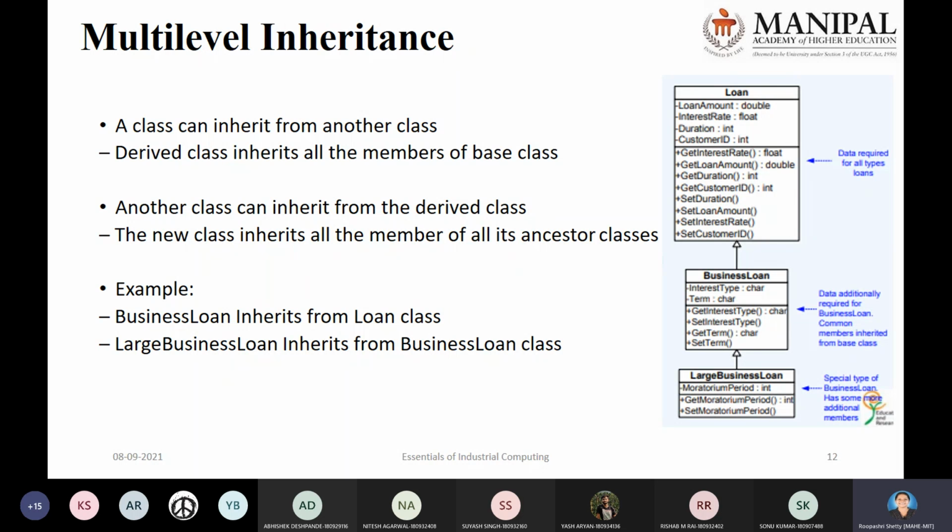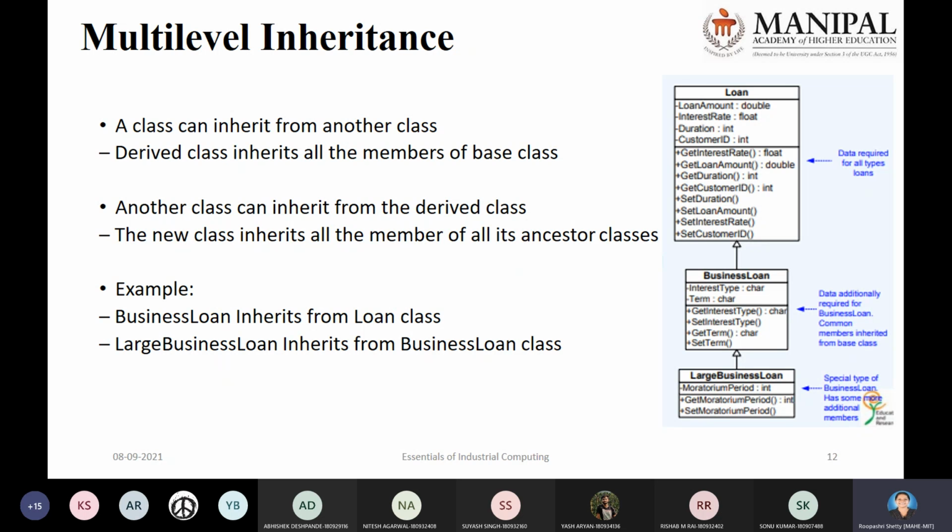Loan is a base class for the business loan class, and business loan class is a base class for the large business loan class. A three-level hierarchy. So loan is parent for business loan and business loan is parent for large business loan. What happens when you do this is that business loan inherits all the properties of the loan class, and large business loan inherits all the properties of the business loan class.